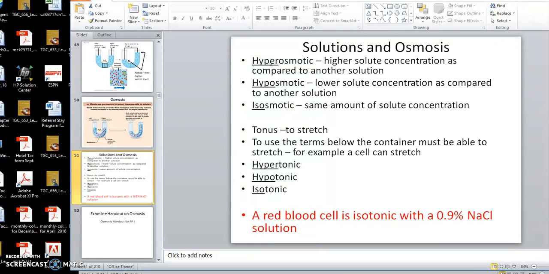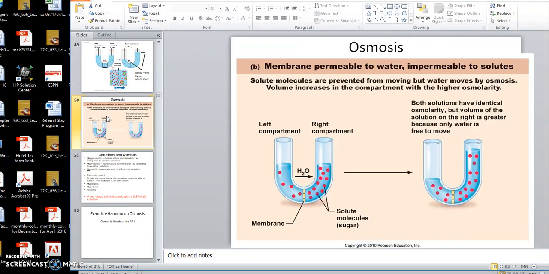A little tidbit: always think about the solute amount. If I use this for example, this side here has more solute particles. Therefore, it is hyperosmotic. This side has less. This side has more. The hyper has to do with the concentration of the solute.